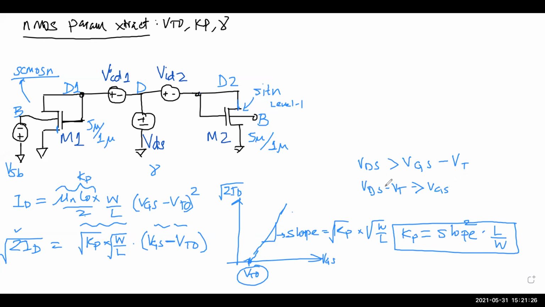So bring this VDS to the other side. So VT is greater than VGS minus VDS. VT is greater than VGD.